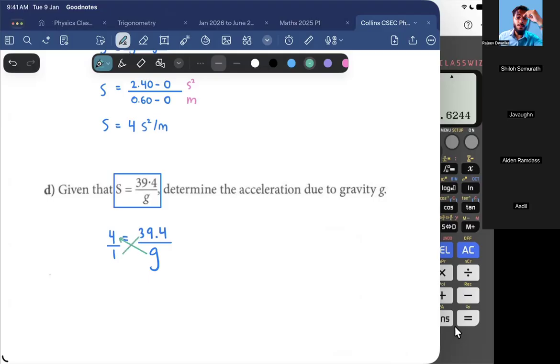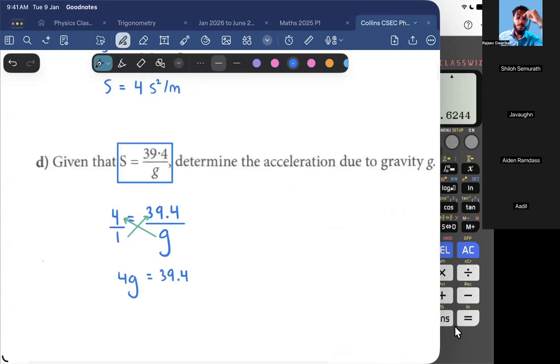If I cross multiply, tell me what I'll get. 4G is equal to 39.4. Yep, that's it. So how would I find 1G? Divide by 4.